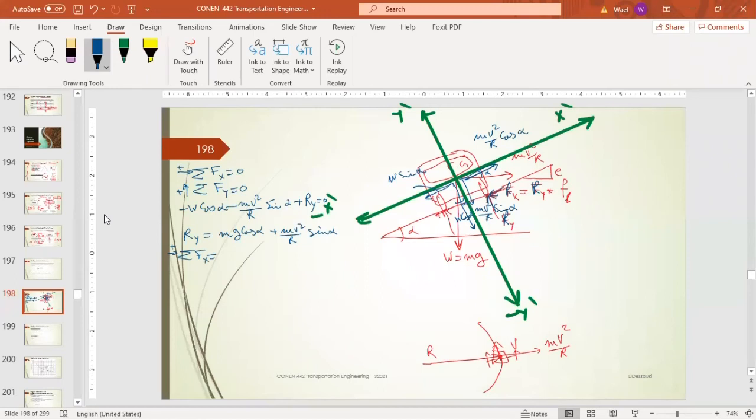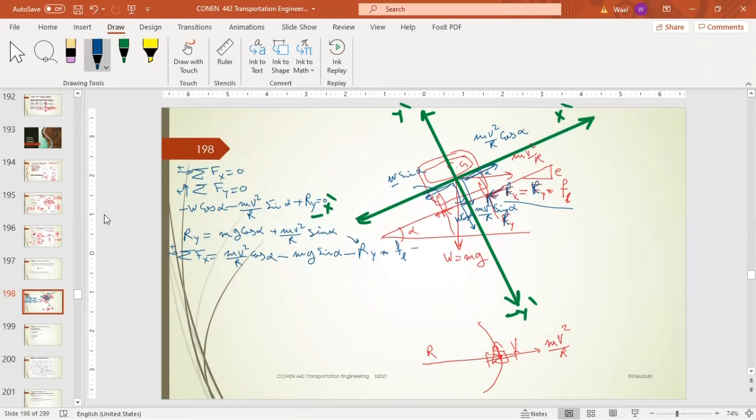We have mv square over r cosine alpha minus mg, which is w actually, sine alpha, minus the friction force here, Rx, which is basically Ry multiplied by F lateral.